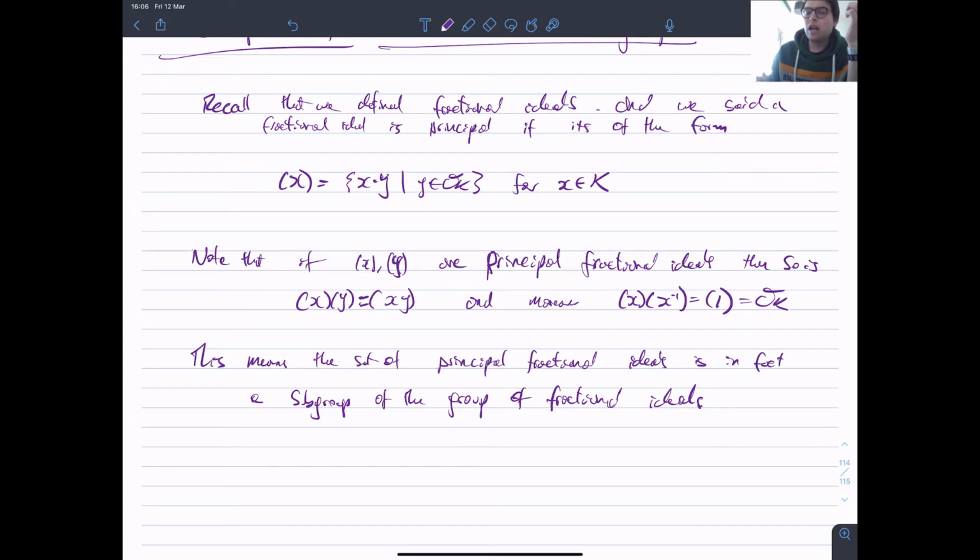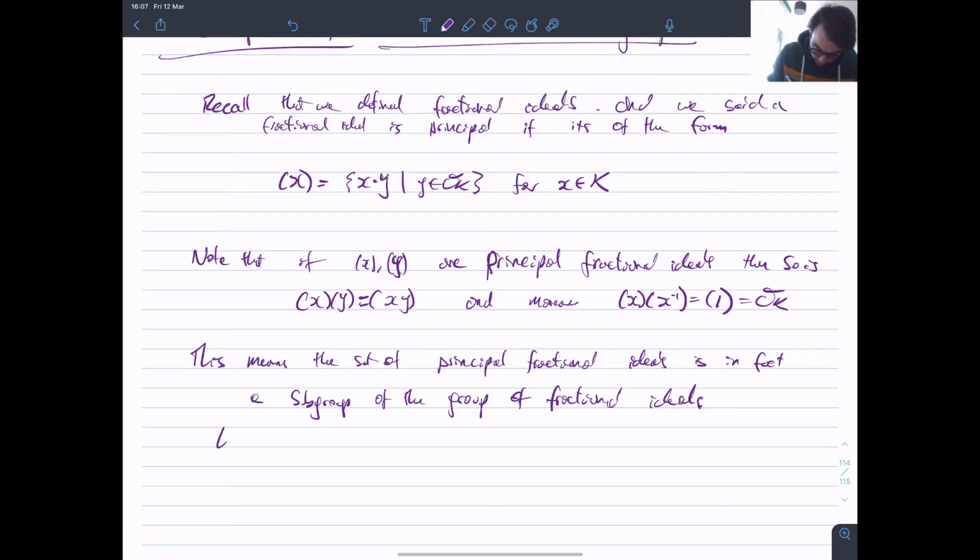And essentially, because we want to measure how far our ring is from being a PID, we want to measure how far our ideals are from all being principal. So somehow we're going to look at the group that you get by taking all ideals and quotienting out by these principal fractional ideals, and that's what we're going to call the class group.